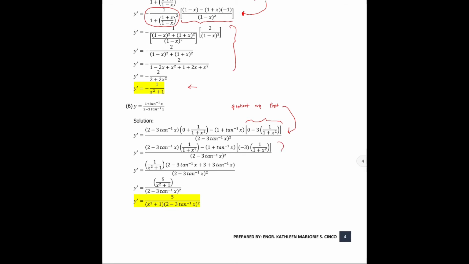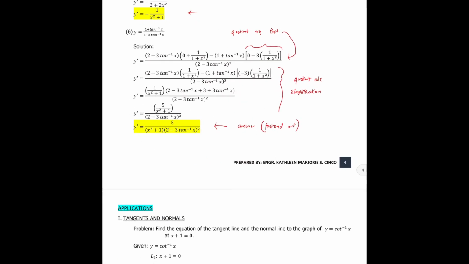Then the rest kay quotient rule simplification. Then atong answer, which is obviously factored out na. So, mana siya itong gusto nga final answer na makuha, class. So, mana siya for the sample problems.